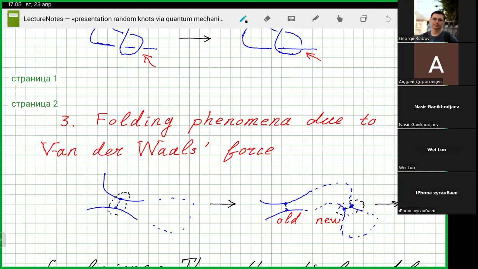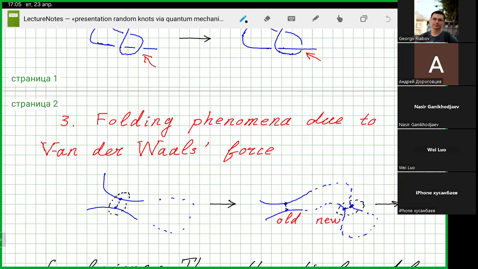Then another pair arises and so on. And finally, you see, roughly speaking, packed knots, how the DNA looks. So these three properties of the dynamics of polymers are very hard to model.